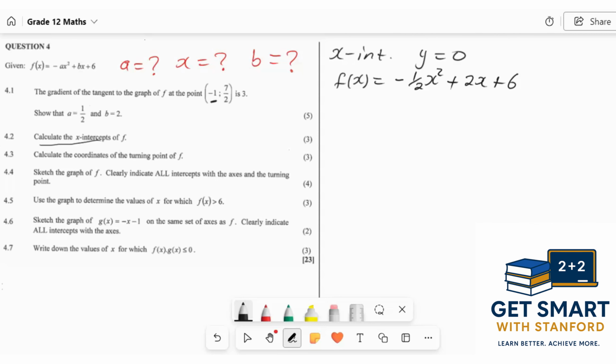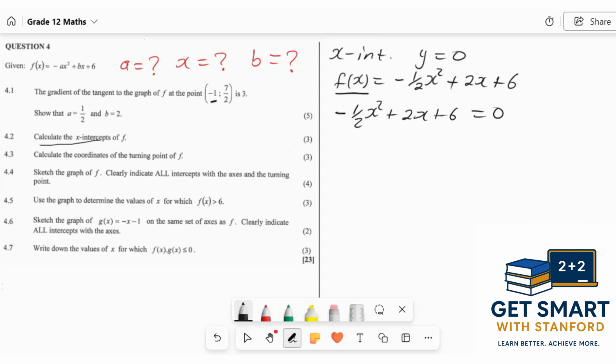All right, so we have said that we are going to equate this and make it a 0 because on the x-intercept y equals 0. So minus half x squared plus 2x plus 6 equals 0. We've done just that.